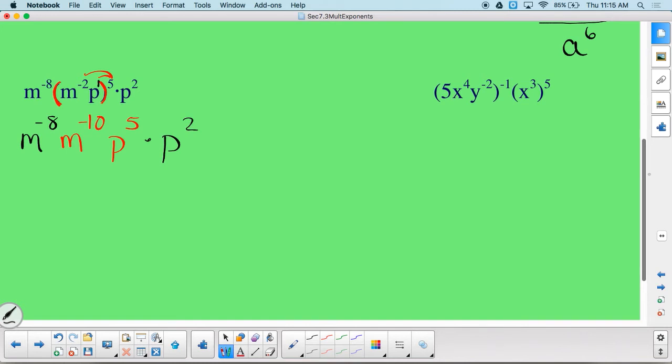Again, multiplying the exponent together, 1 times 5. Now I'm going to combine my like bases. M to the negative 8th, m to the negative 10th is m to the negative 18th, p to the 7th. Can't keep a negative exponent. It moves down to the bottom. Gives me that.